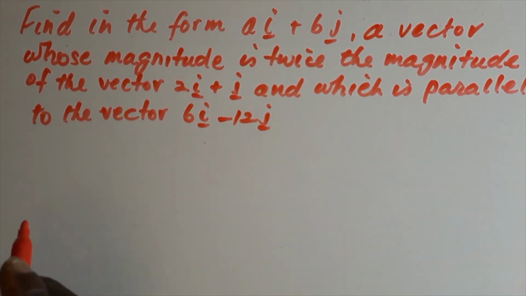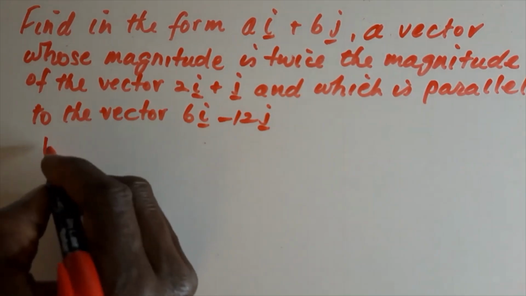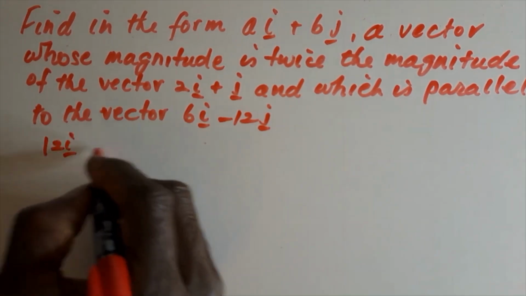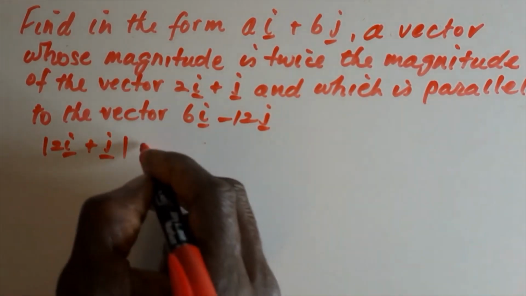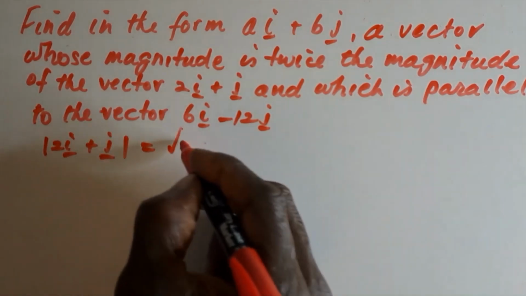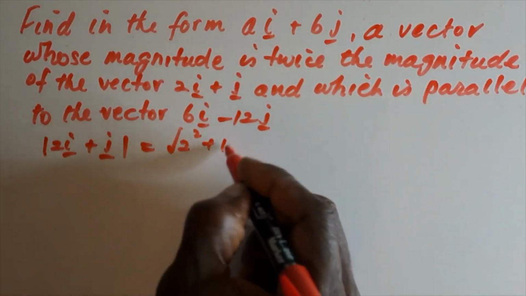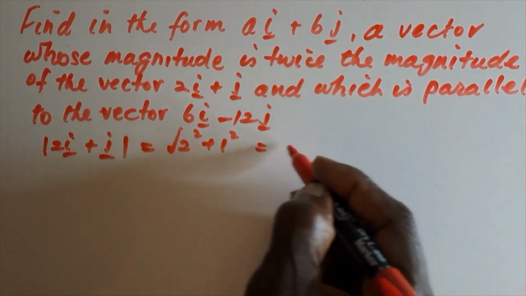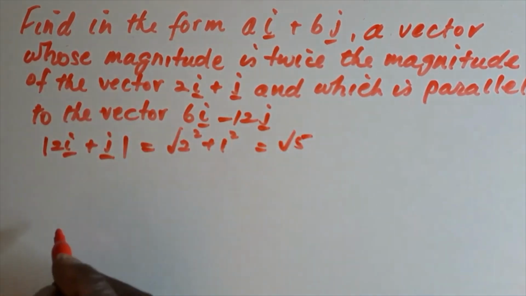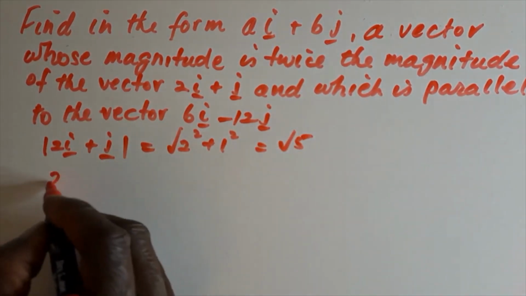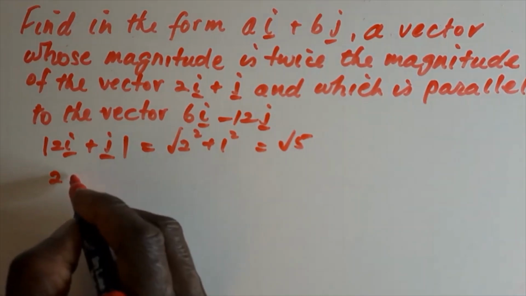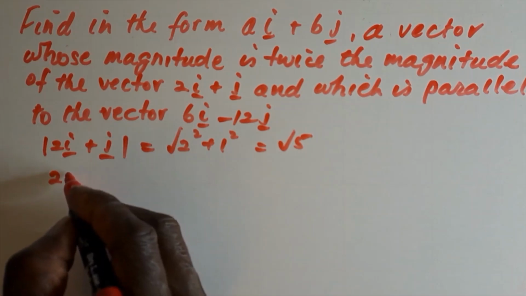So the magnitude of 2i add j is simply the square root of 2 squared add 1 squared, which is the square root of 5. And we have twice that as the magnitude of the vector.